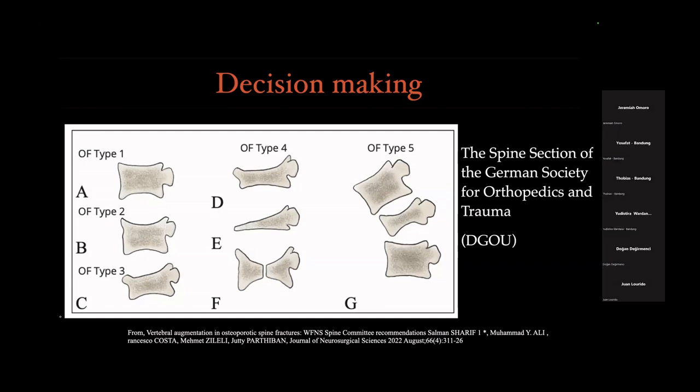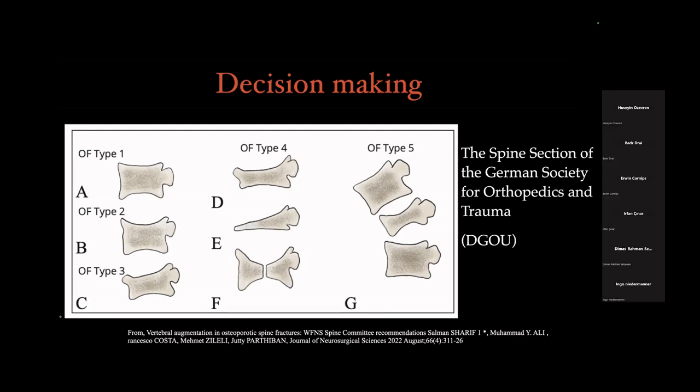Type 1 has no bone destruction. Type 2 has destruction and fracture of just one end plate. Type 3 is incomplete burst fractures.